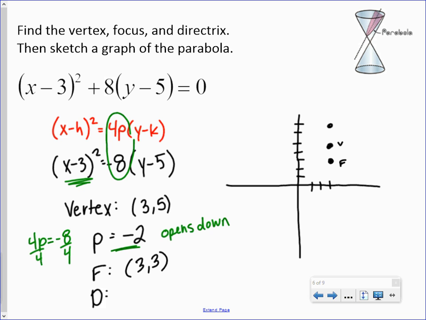You can put a point there, but remember the directrix is not a point. The directrix is a line, a horizontal line. So we're going to draw it as a horizontal line. And what would be the equation there? Y equals 7. Because if I was at 5 and I went up 2, then I'm at 7.